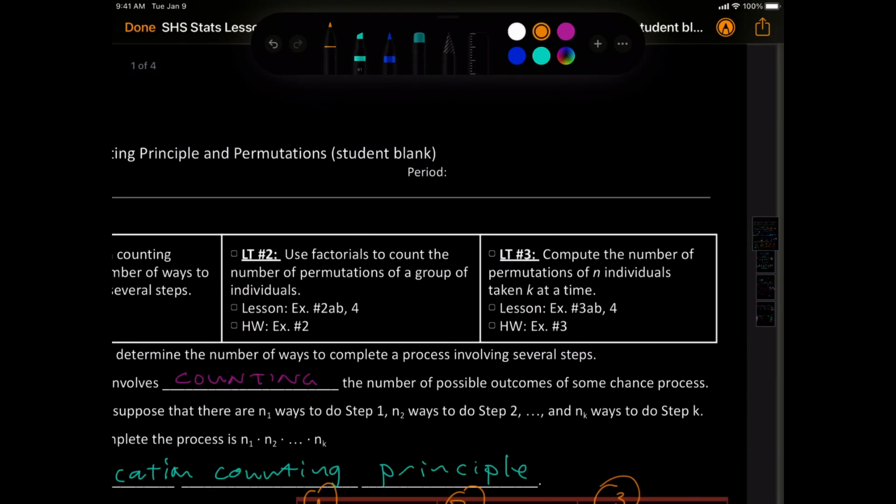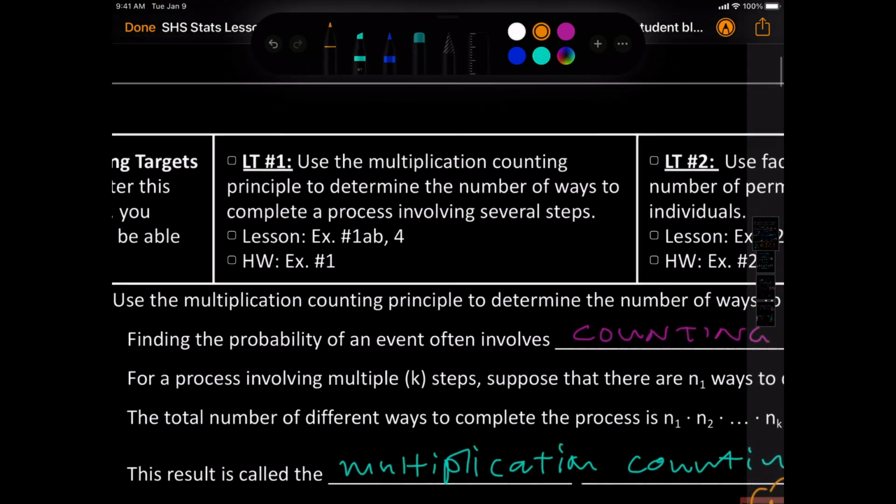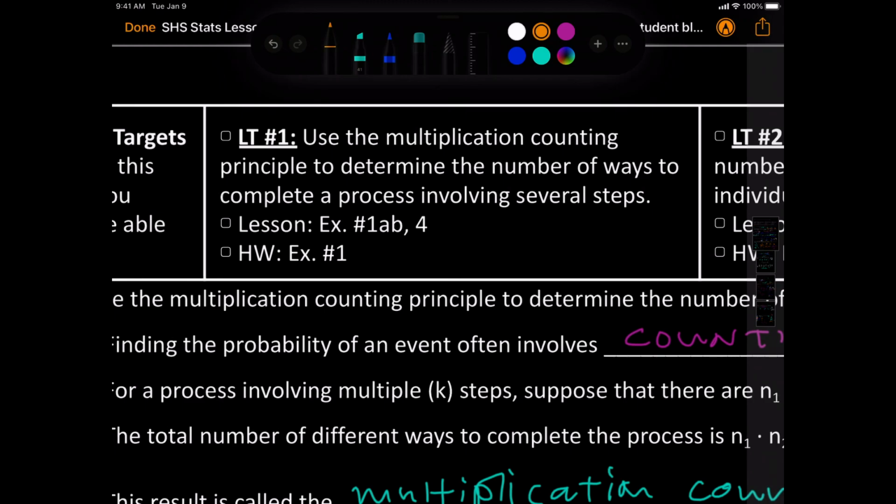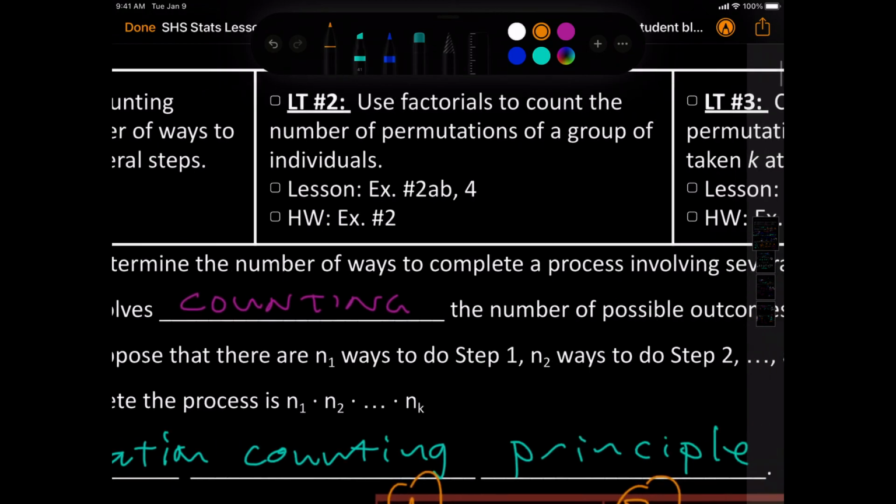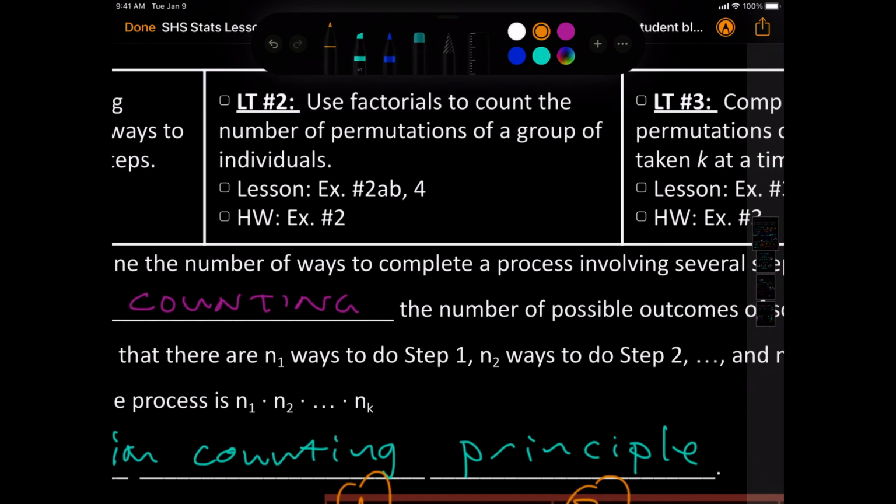All right, let's review what we've done so far. Learning target number 1, use the multiplication counting principle to determine the number of ways to complete a process involving several steps. Again, you're using all of the options, all of the blank spaces. If there were 8 runners, 9 batters, you're using all 9 batters. Learning target number 2, we use the idea of factorials to count the number of permutations.